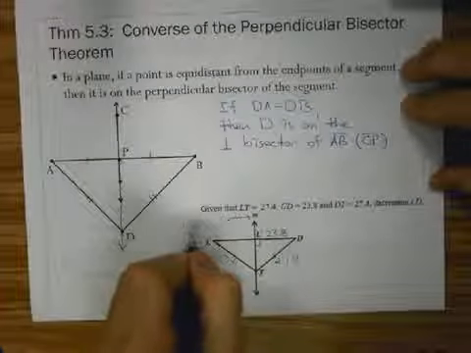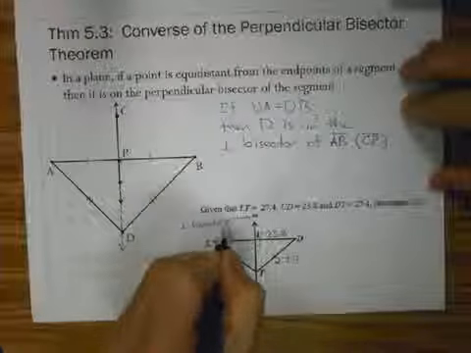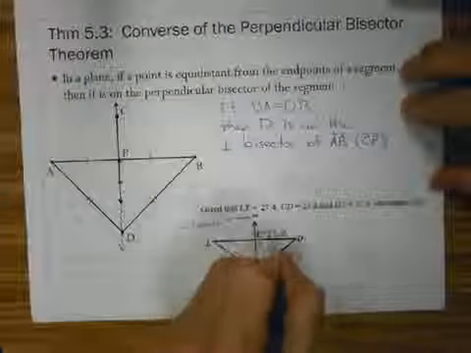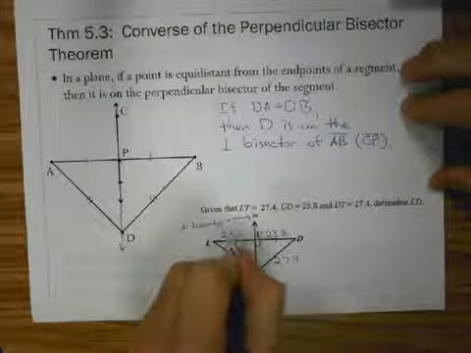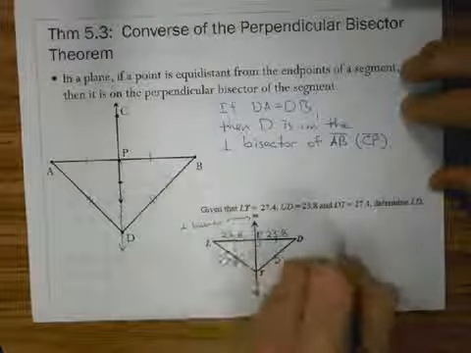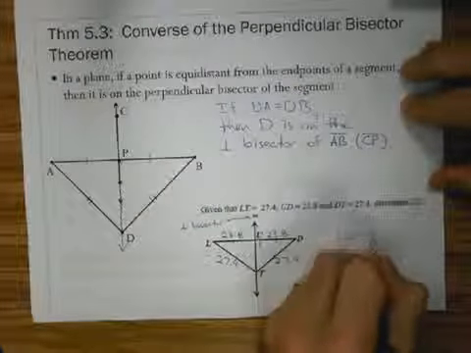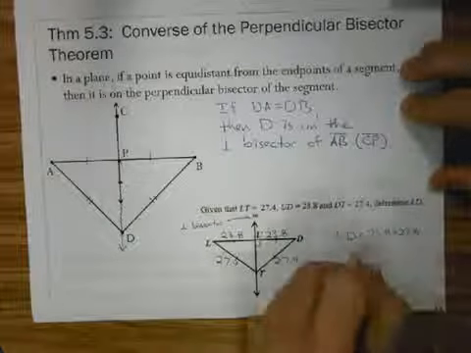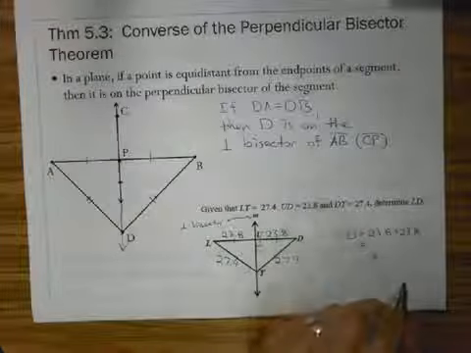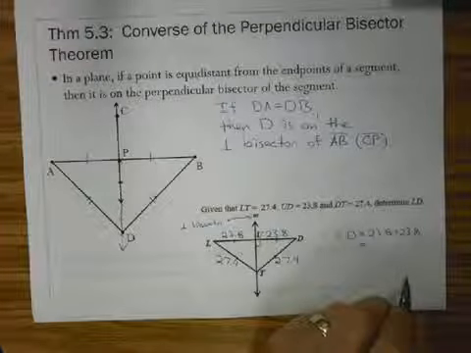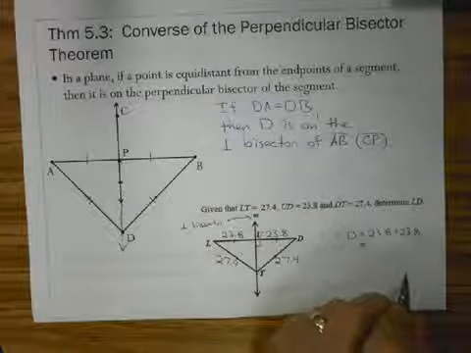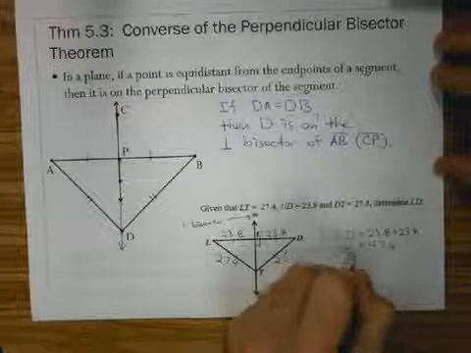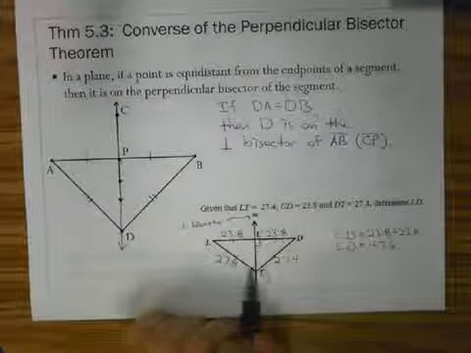So since these are the same, it's on the perpendicular bisector, which is M, which now tells us these need to be the same, which means this is 23.8, which eventually gets us to LD being 23.8 plus 23.8, or 23.8 times 2, which is 47.6.